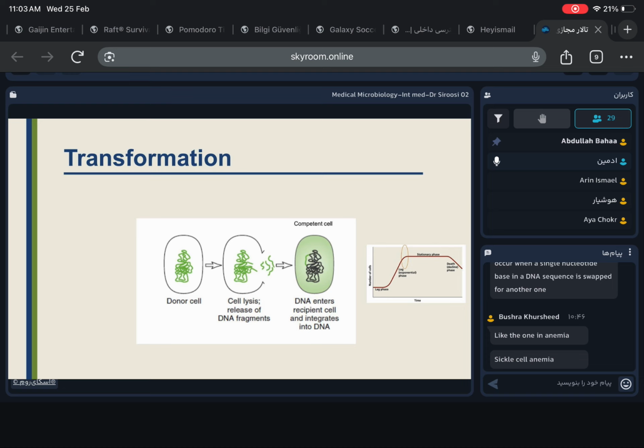And in those groups of bacteria, they become competent at the end of their log phase of the growth curve. As you can see, you're seeing a growth curve here. At the end of the log phase or exponential phase of the growth curve, bacteria are able to uptake the free DNA from the environment.